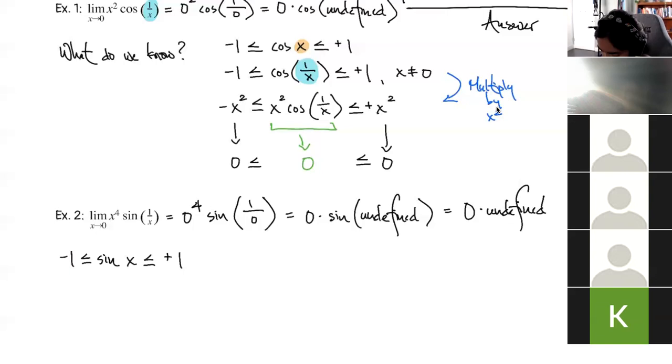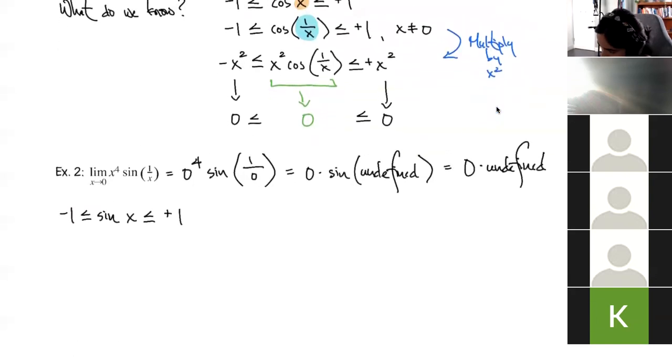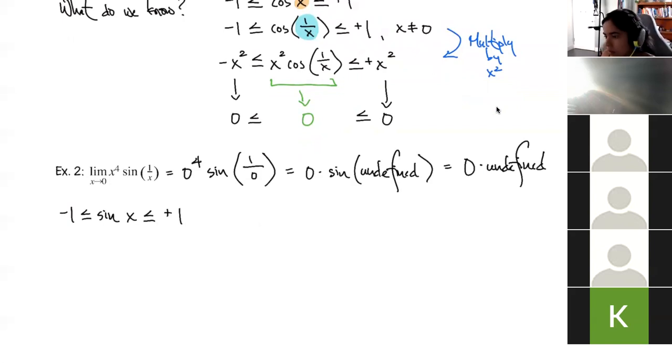Perfect. Yes, yes. Okay. Now, what do we want to do to start to construct the function that we're aiming for? x to the 4th sine of 1 over x. Exactly. Let's replace the x with 1 over x.